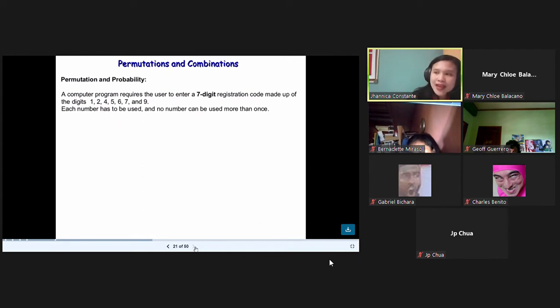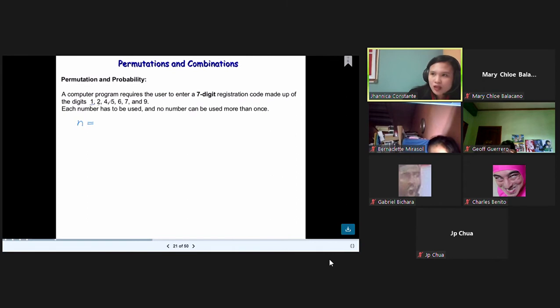Each number has to be used, and no number can be used more than once. So this is our problem. How many are the total numbers that we have in this problem? How many choices do we have from the 7 code that we can create to register in the computer?